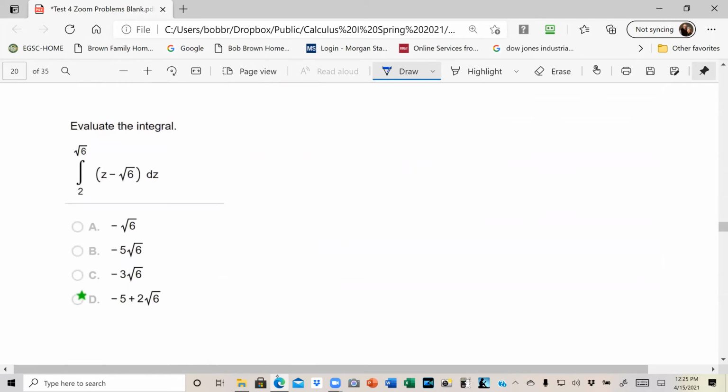Now let's evaluate the integral here with some real functions. The antiderivative of z is z squared over 2. The antiderivative of minus the square root of 6 is minus the square root of 6 z.